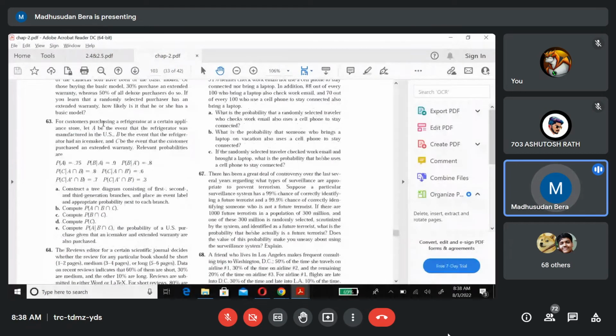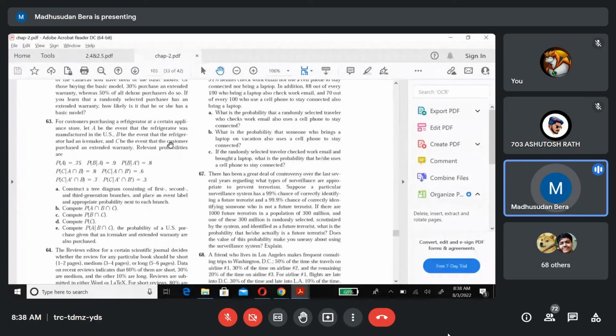For a customer purchasing a refrigerator at a certain appliance store, A is the event that the refrigerator was manufactured in US. B is the event the refrigerator had an ice maker.